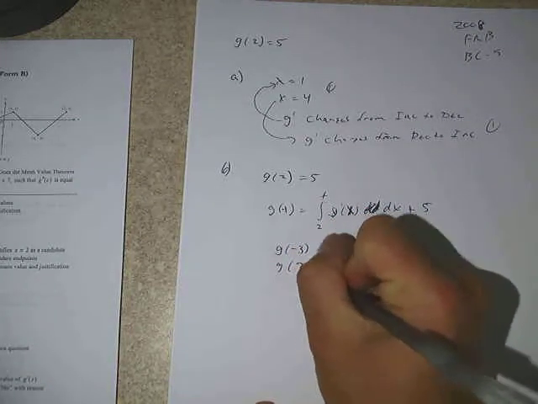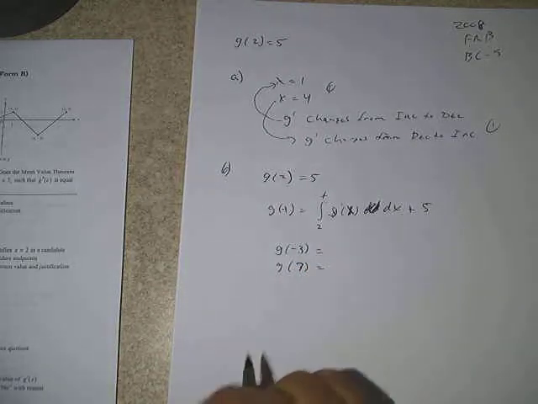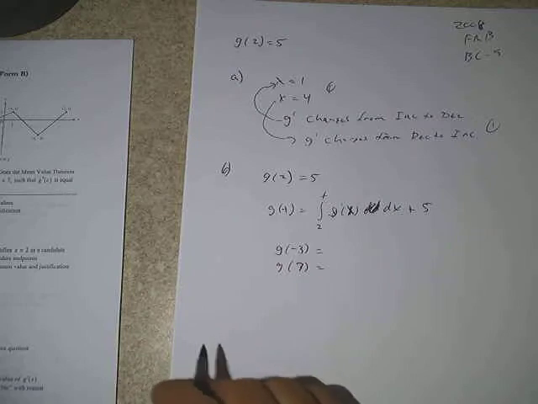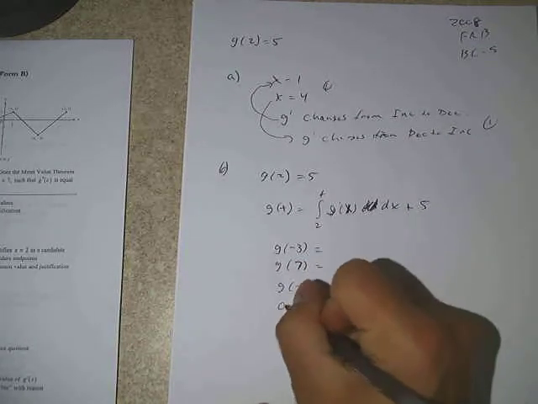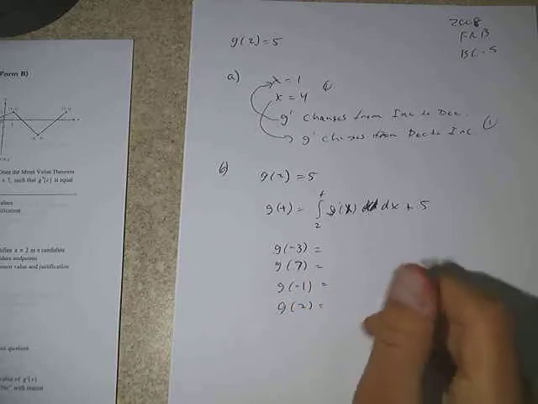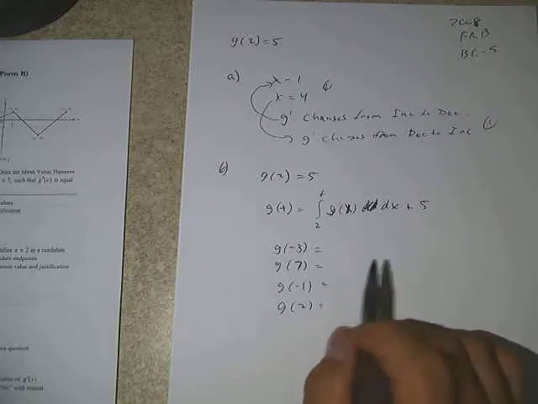If this is the way our g function is defined, and we're on a closed interval here, then g of -3 is a candidate for a maximum or minimum. The endpoints, g of -3 and g of 7. And we also know where the derivative, which is this picture, equals 0. So g of -1 is an option, and g of 2 is an option.